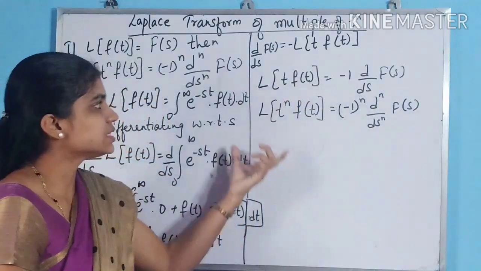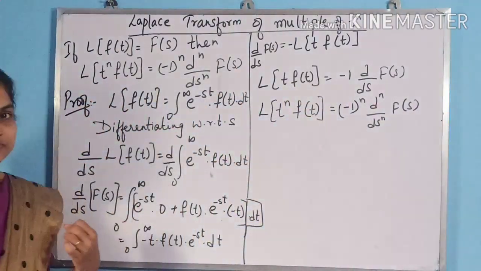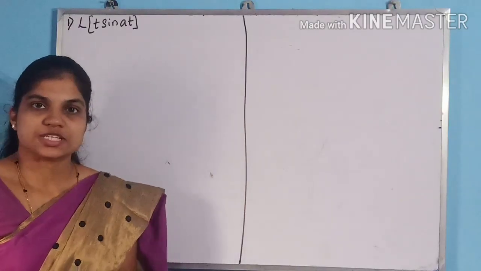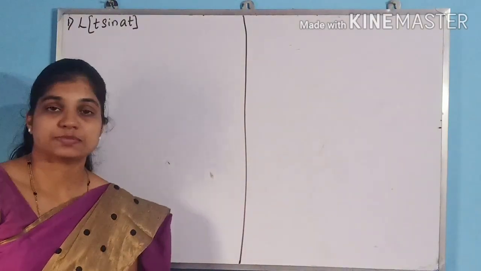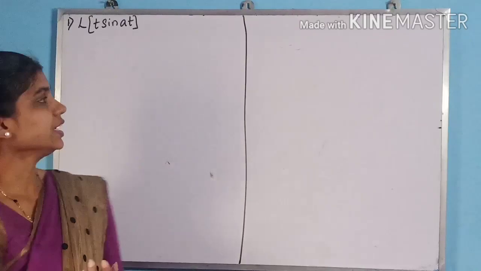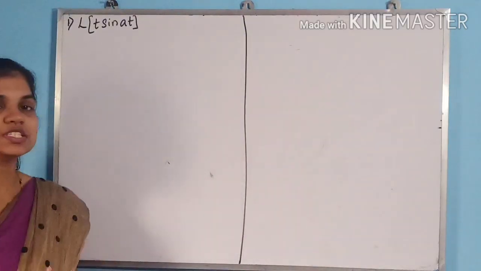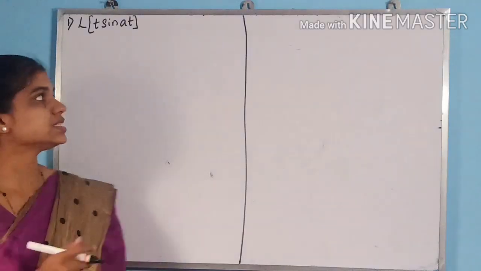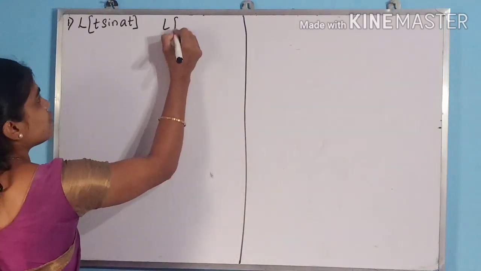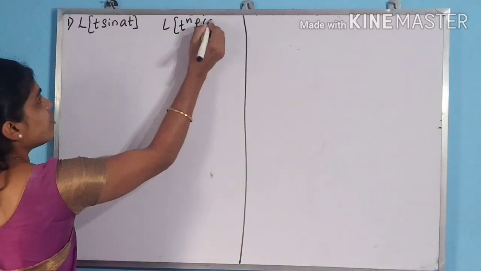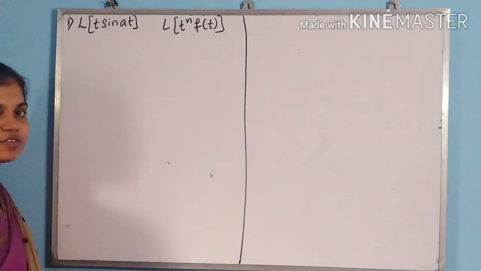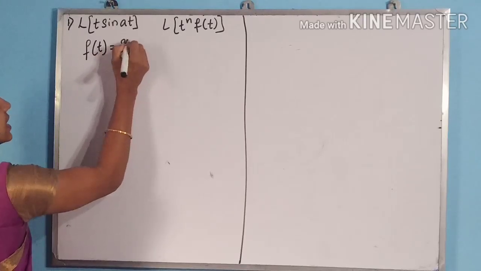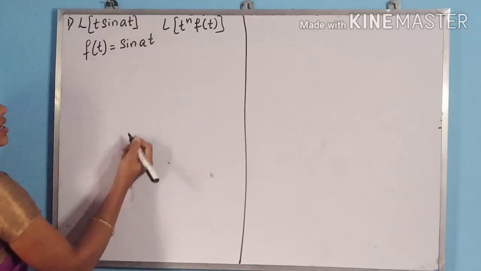Alright? So this is how we are going to solve it. So let's solve a problem based on the Laplace transform of multiples of t raised to n. Here we have the Laplace transform of t into sin at. So this is of the form Laplace transform of t^n f(t), which means f(t) is sin at.